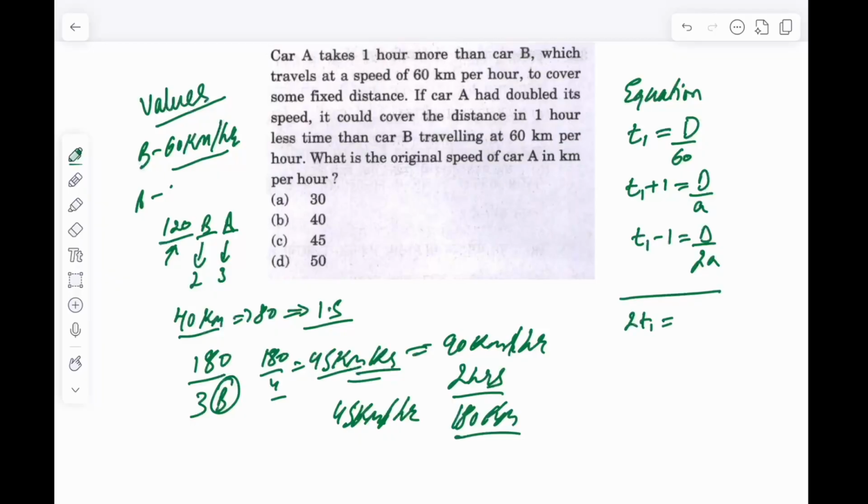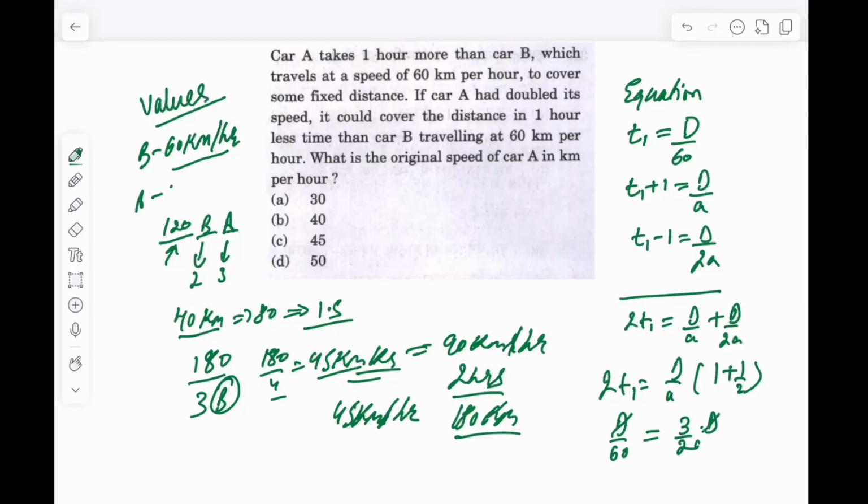2T1 is equal to D upon A plus D upon 2A. So I take D upon A out, I get 1 plus 1 by 2, so 2T1 is equal to this. T1 I know is equal to D upon 60. D upon 60 is equal to what? 3 by 2 into D upon A actually, and D gets cancelled.